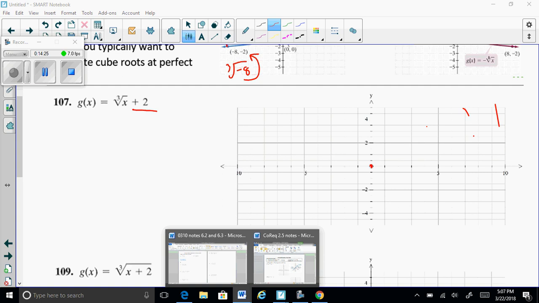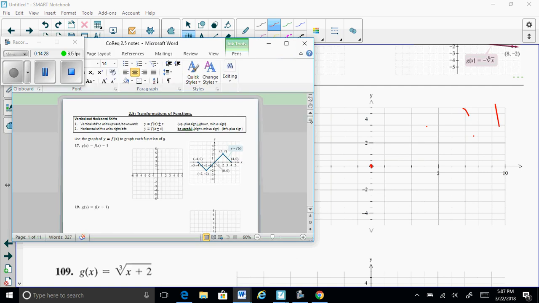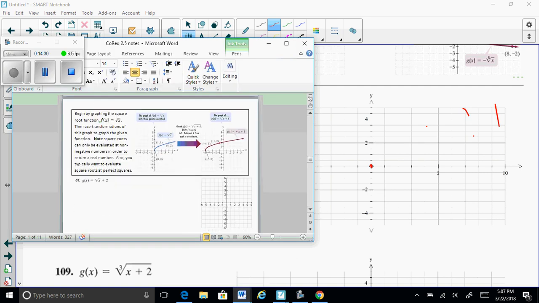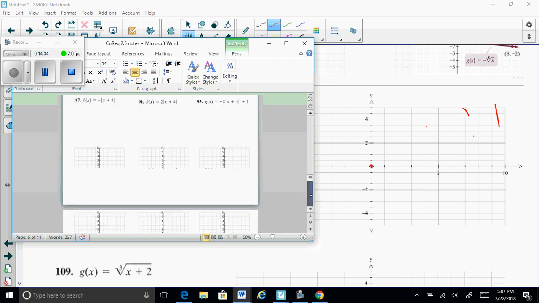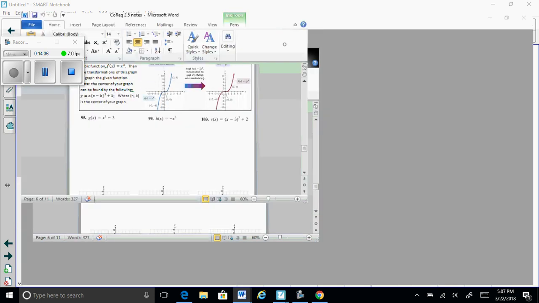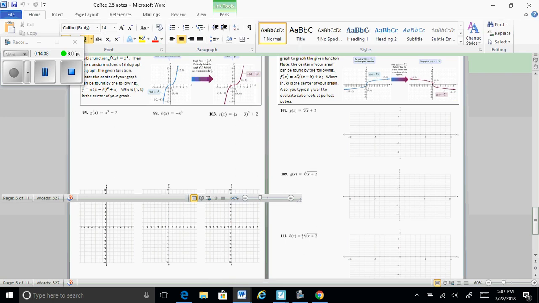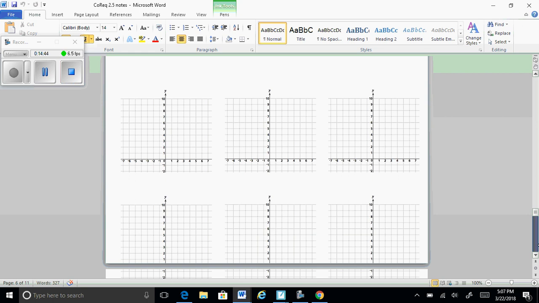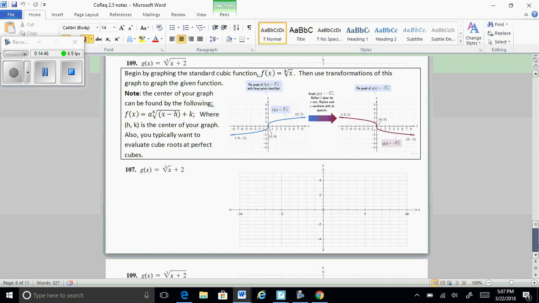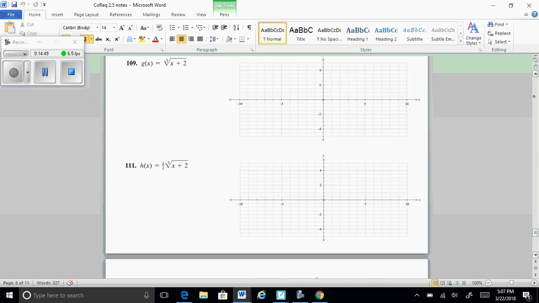Let me see if I can do that. I think it'll look a lot better on that document. Yeah, I can do that. Here we go. All right, here we go. Oops, too far. All right, nope, perfect.